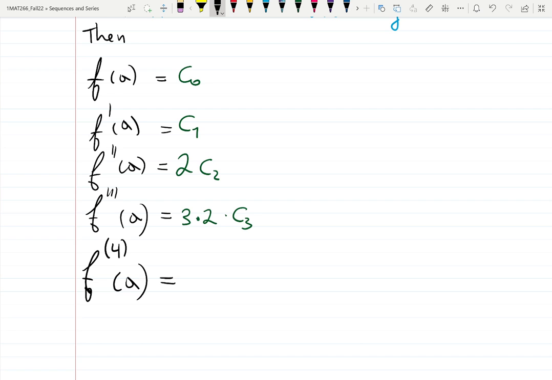The pattern is, check it out, change the order. So it will be 1 times c sub 1, 1 times 2 times c sub 2, 1 times 2 times 3 times c sub 3. Agree? See the pattern? It's kind of like a puzzle. 1 times 2 times 3 times 4, c sub 4.